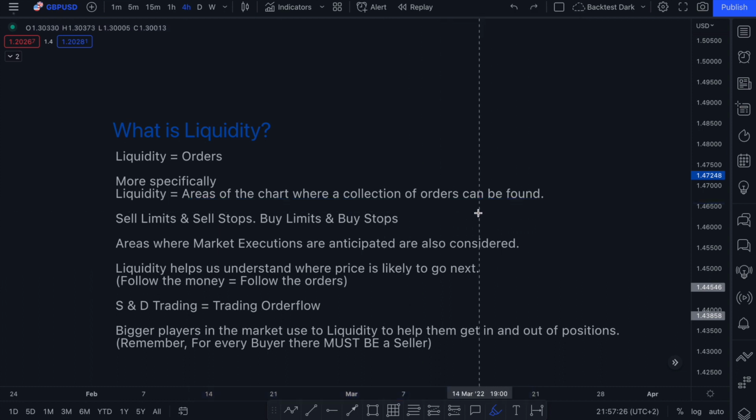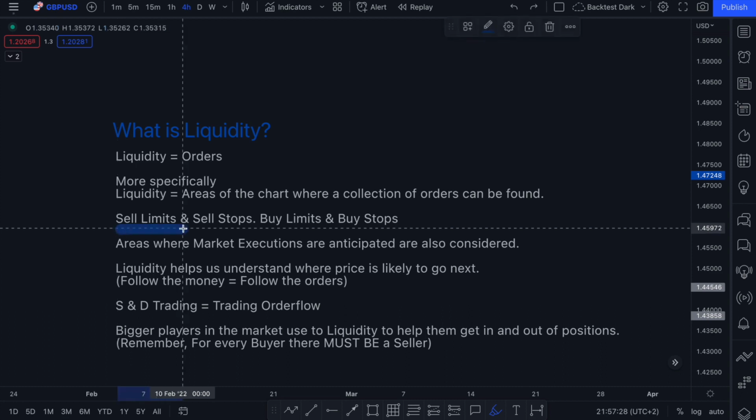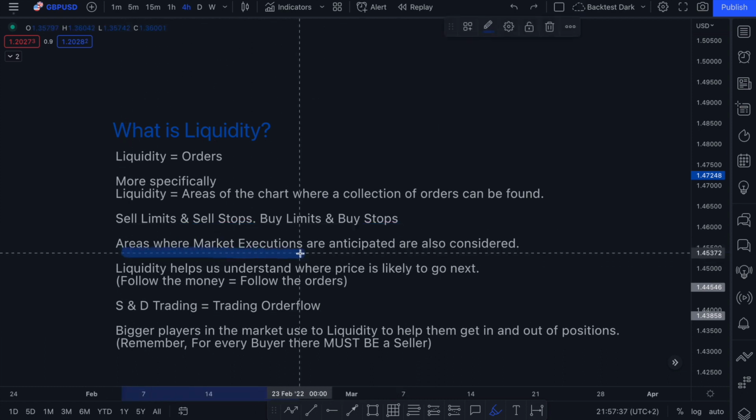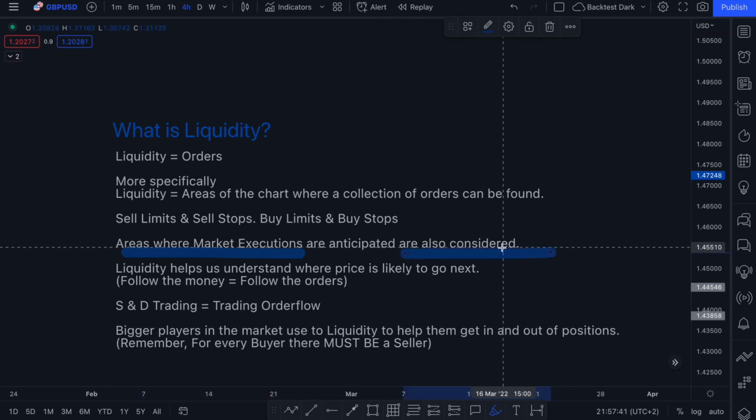All right. Now, when we talk about orders, we can talk about sell limits and sell stops, and we also talk about buy limits and buy stops. However, it's important to note that areas where market executions are anticipated are also considered when looking at liquidity.